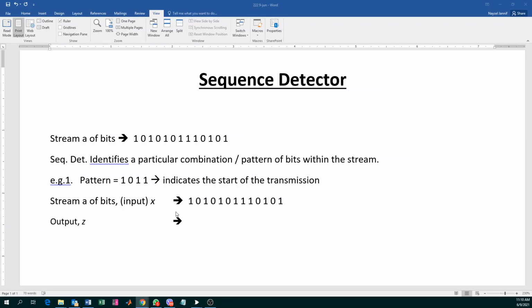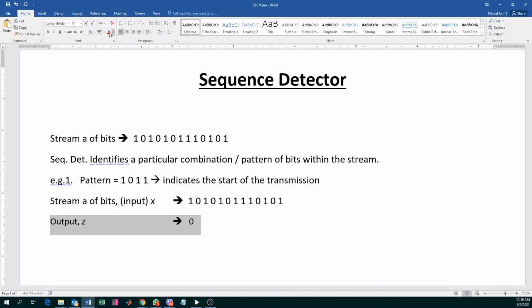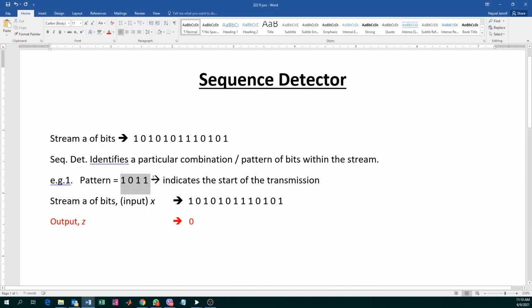All right, guys. Now, this is the first bit, bit number 1. Our output at our first instance will be 0, because there hasn't been much processing. Now the second bit is 0. Remember, we need a pattern of 4 bits.